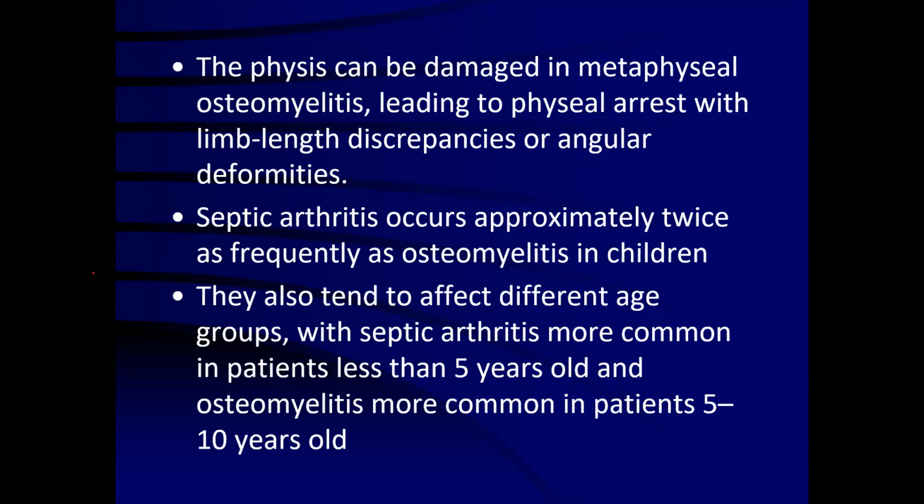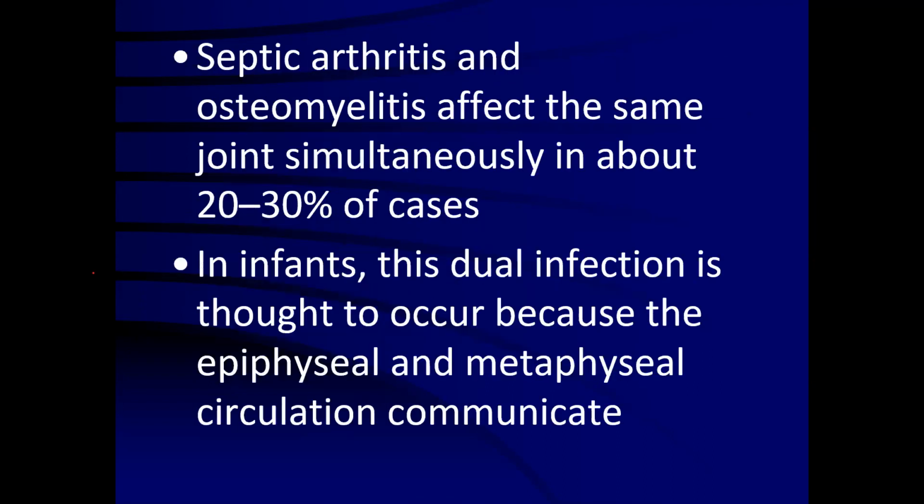Septic arthritis occurs approximately twice as frequently as osteomyelitis in children. They also tend to affect different age groups, with septic arthritis more common in patients less than 5 years old and osteomyelitis more common in patients 5 to 10 years. Septic arthritis and osteomyelitis affect the same joint simultaneously in about 20 to 30% of cases.